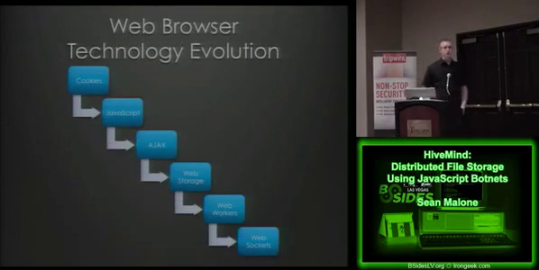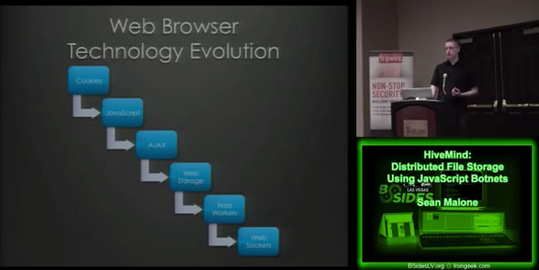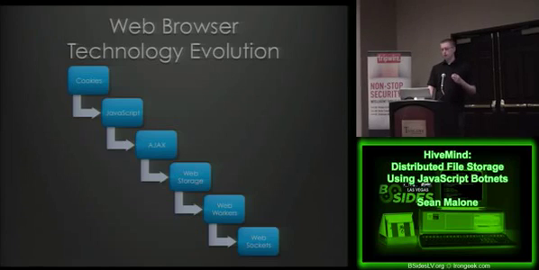We've seen web browsers change a lot over the years. They start off with the most basic form of data storage on the client side, and that's the browser cookie. Then we have JavaScript for data processing, and that then leads to AJAX, the asynchronous JavaScript and XML, where it's that background data communication between the browser and the server.